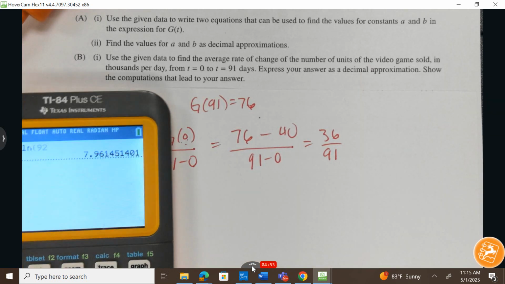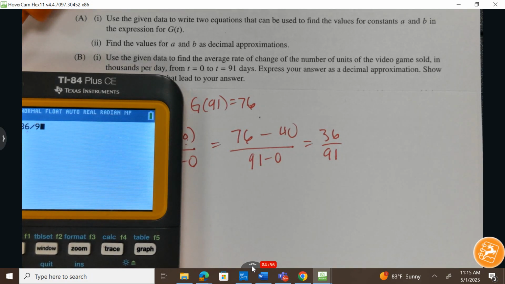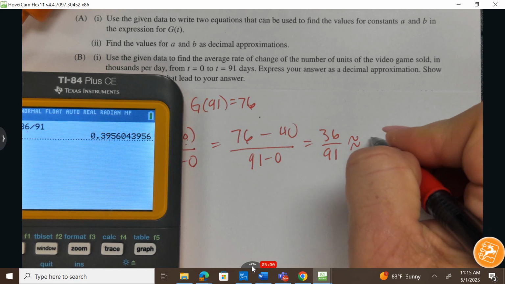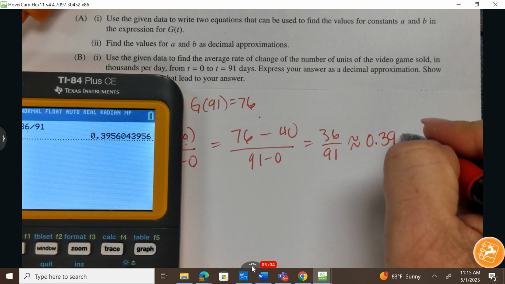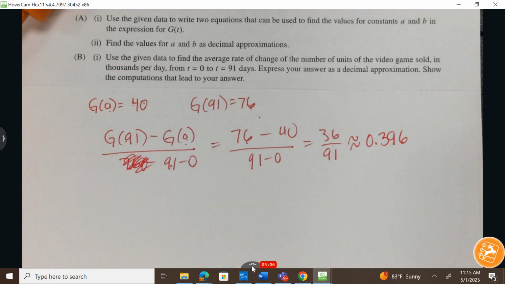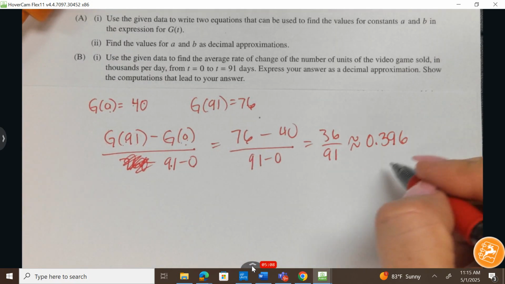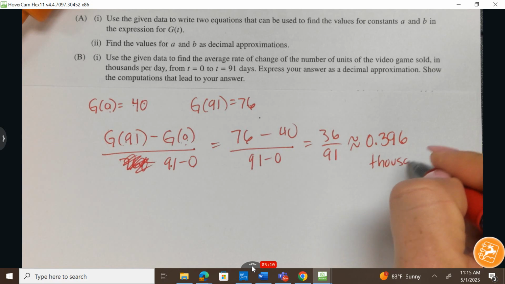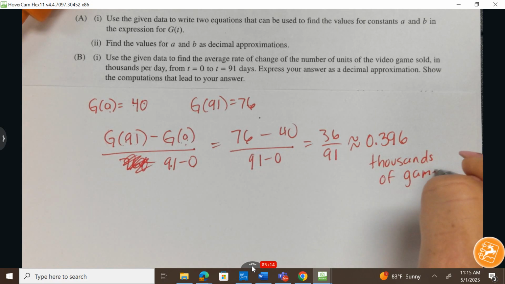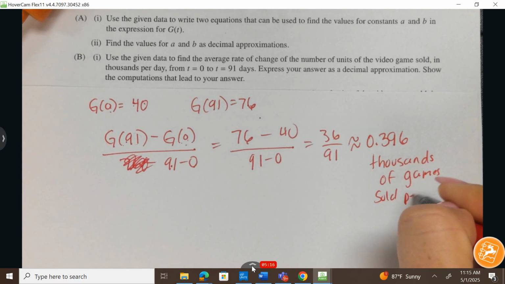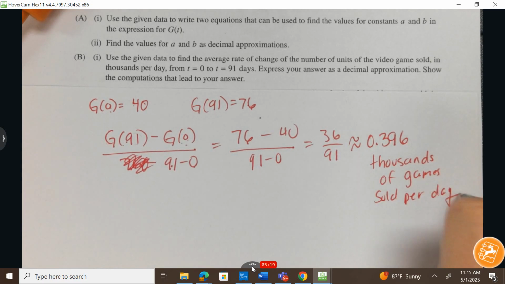I'm grabbing that calculator and taking 36 and dividing it by 91, and I have approximately 0.396, rounded to the nearest thousandth. Now we do need to put a title with this. Our title is going to be thousands of games sold per day.